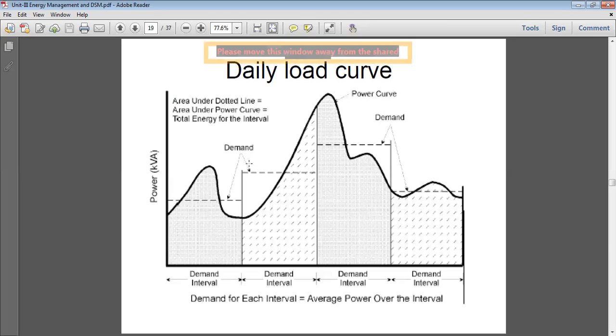Therefore, it is very necessary to change the profile of the customer by scheduling of load in such a way that the load curve becomes as flat as possible, and this concept is known as demand side management. Okay, so we will see one by one how to achieve demand side management.